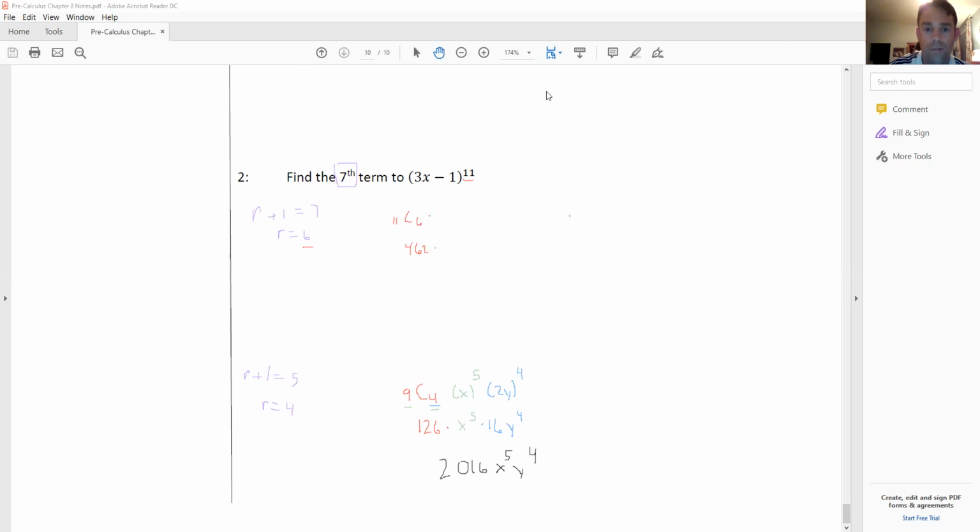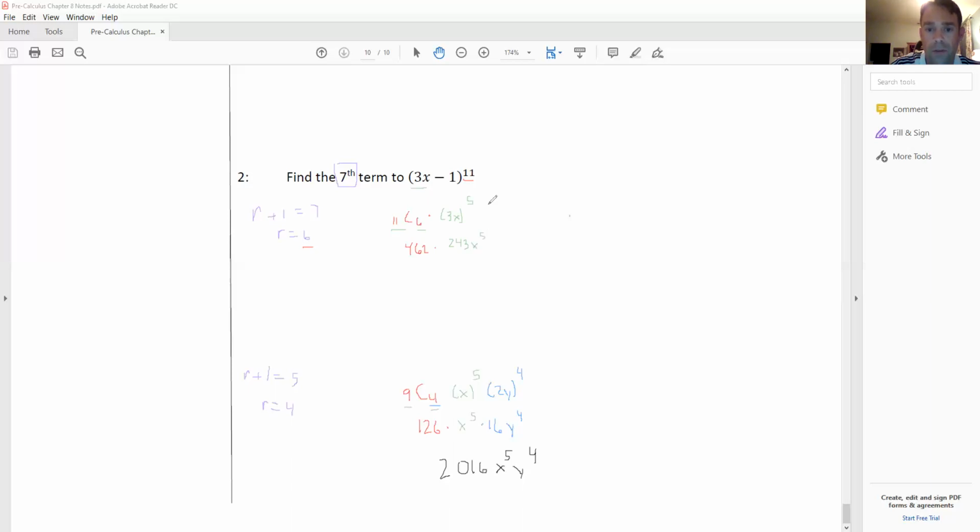And then we're going to take our first term, 3x. And we're going to take that to the 11 minus 6 exponent. So 3x to the 11 minus 6 is 5. And if I were to multiply that out, that's 243 x to the 5th. You can see why we wouldn't want to have to multiply this whole thing out if we didn't have to.